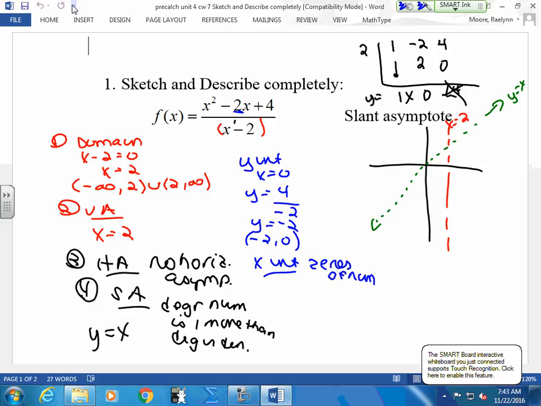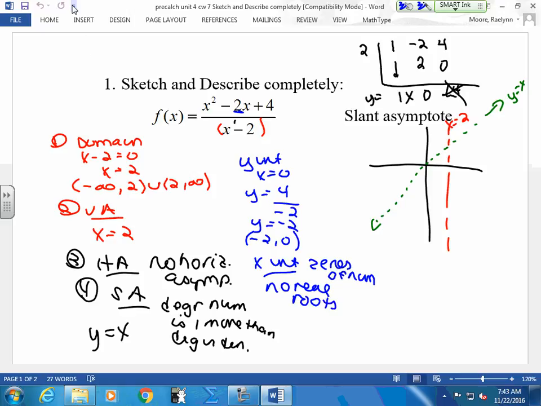Instead of having you work that whole thing out, you can use quadratic, you can use complete the square. We're going to find out that this has no real roots, no real zeros. It's imaginary. That's as far as I need you to go, because we're on a real graph. We can't graph the imaginary roots.